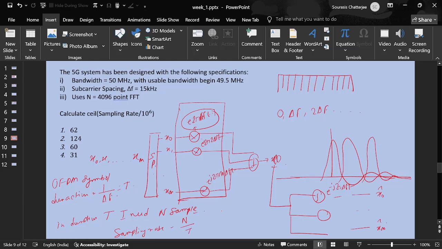N by T. Yeah, correct. So that gives the formula you are saying, N delta f, and what is the answer with that? 62 megahertz. Okay, so exactly I guess it comes out to be 61.4096, something like that. So if you take the ceiling of it, yeah, 62.